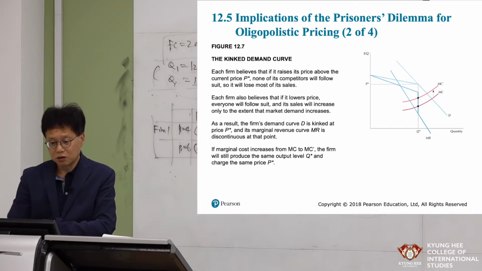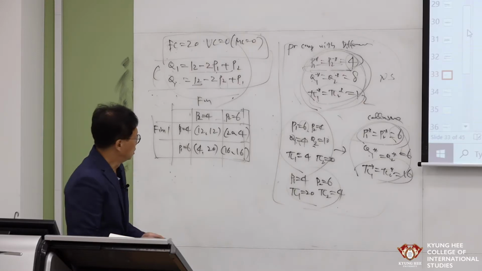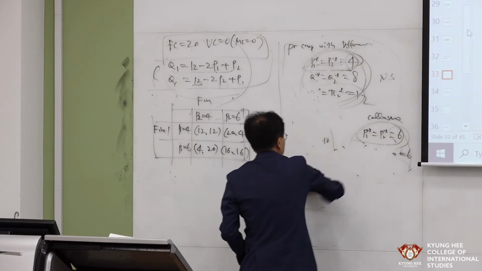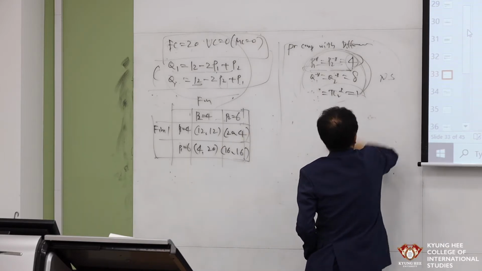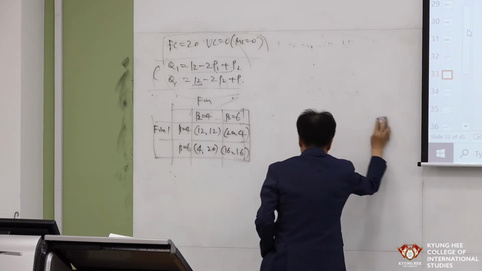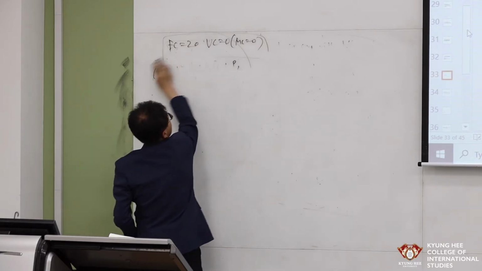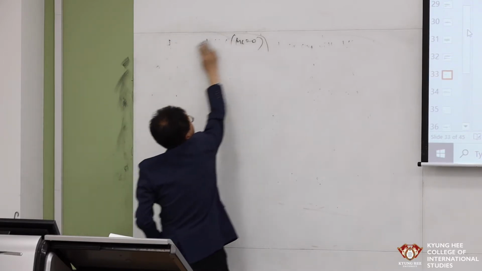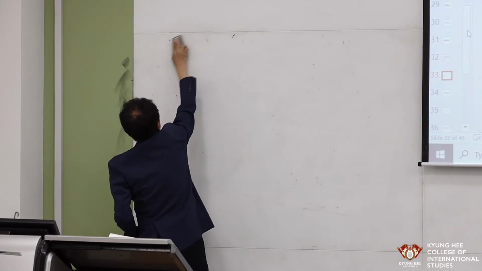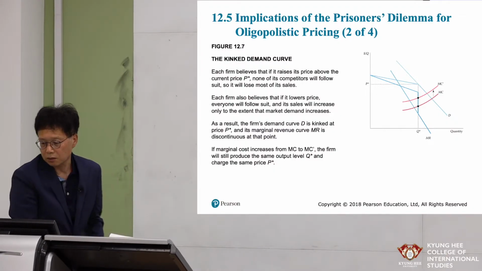So look at figure 12.7, the kinked demand curve.